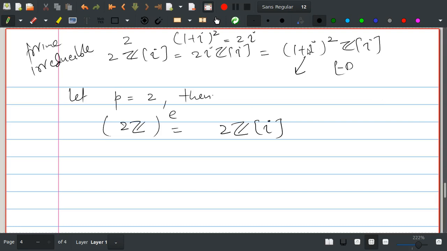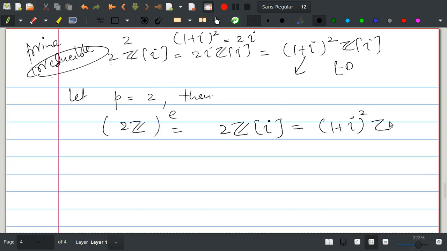Now one can note that this (1+i)^2 is reducible, hence it is not irreducible, hence it is not a prime. So the ideal generated by (1+i)^2 is not a prime ideal in the ring of Gaussian integers. This implies the ideal generated by 2 in the ring of Gaussian integers is not a prime ideal.